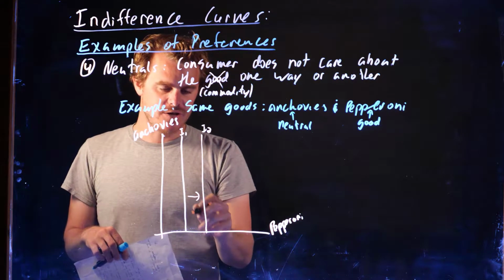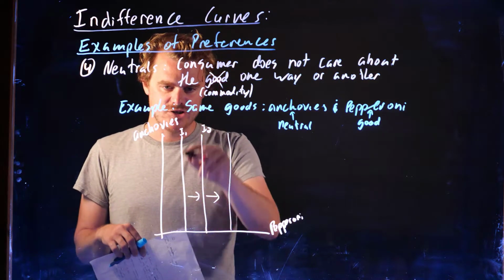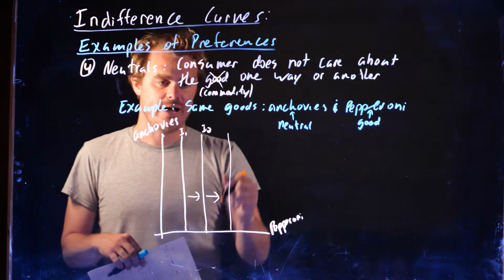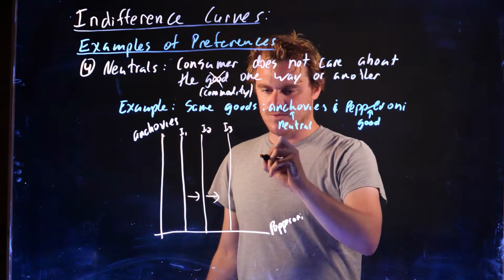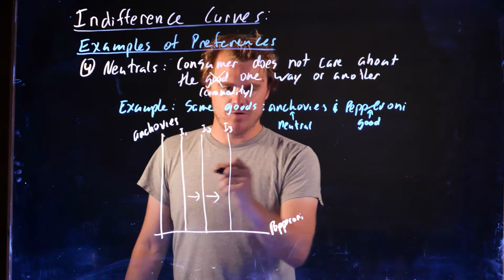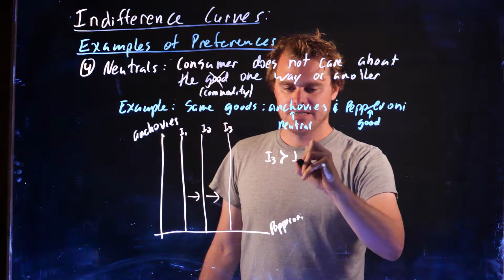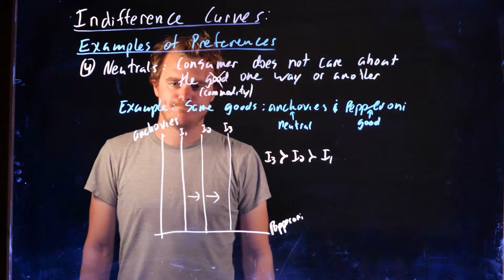We get higher utility as we go to the right, because we don't care how many anchovies are on our pizza, we prefer more pepperoni to less. So I3 is strictly preferred to I2, which is strictly preferred to I1.